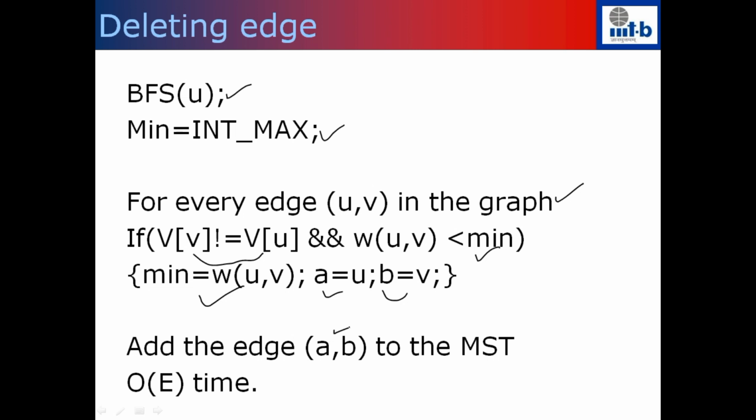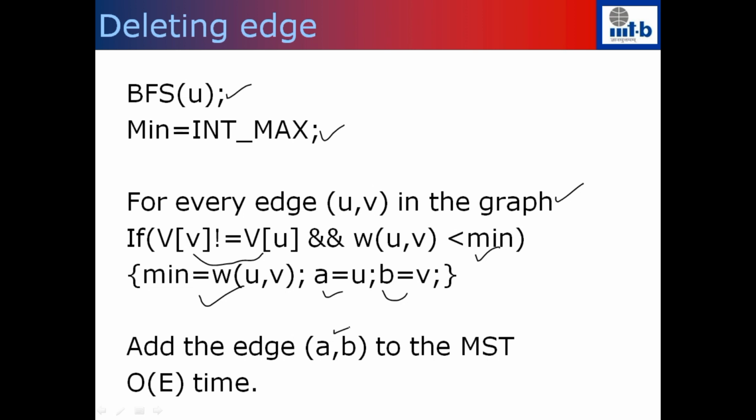The complexity here involves applying BFS from U on the MST. Remember that in the MST the number of edges is n minus 1, so applying BFS takes order V time, and once you have applied the BFS, you mark the vertices into different connected components. All the vertices in one connected component are marked true and the others are marked false.